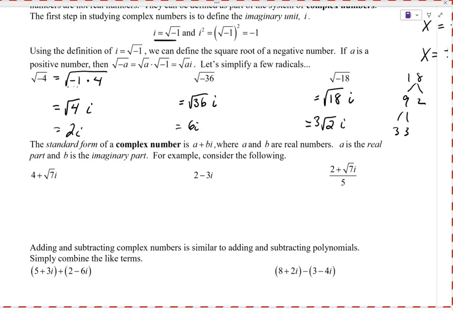And be careful in every single problem that you do, the i will always be outside of the radical, not inside the radical. So notice even down here, in this problem right below it, that square root stops on the 7. The i is not underneath the radical.